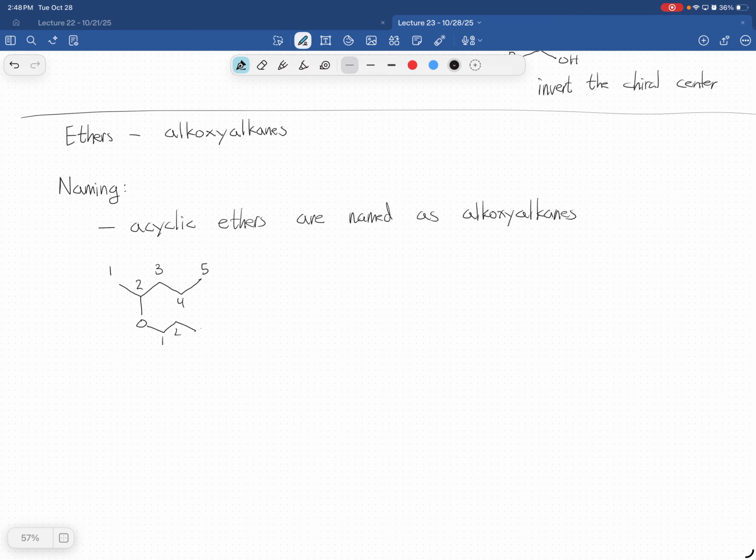So the oxygen comes at what number in the longer chain? 2. So 2-propoxypentane, because that's an alkoxy, so propoxy. And it's pentane because the longest chain is 5. So the shortest chain is the alkoxy substituent, then you find the longest chain, that's the parent name.